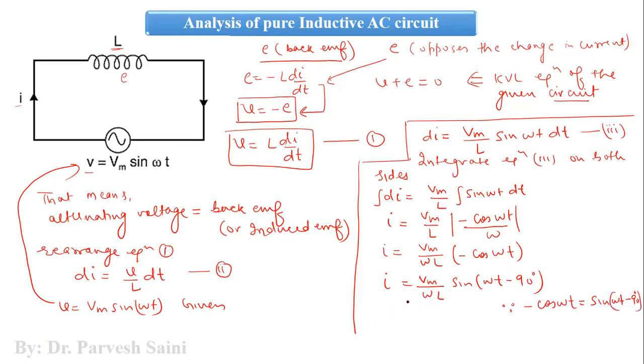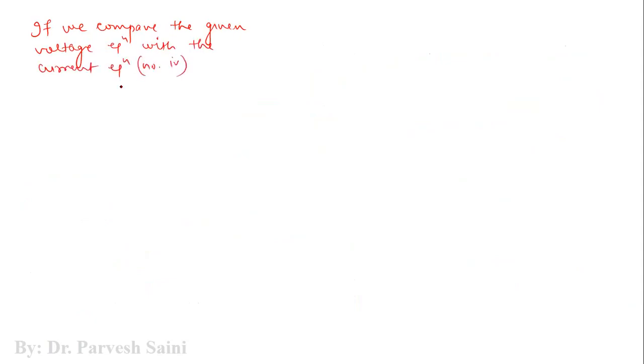So in this equation, let us mark this as equation number 4, for example, and the other is the given equation of voltage. Now, if we compare the given voltage equation with the current equation number 4, we will observe something.